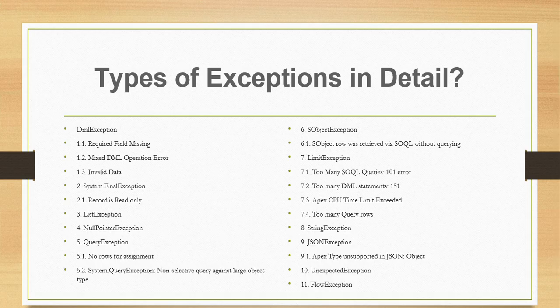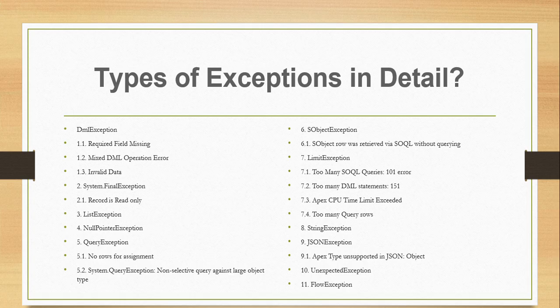Third is list exception, fourth is null pointer exception, fifth is the query exception, which has two parts: no rows for assignment and System.QueryException, non-selective query against large object type. Sixth is SObject exception, which has one part: SObject row was retrieved via SOQL without querying the requested field.